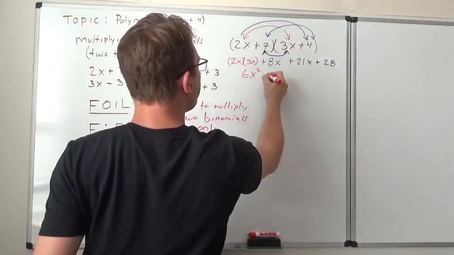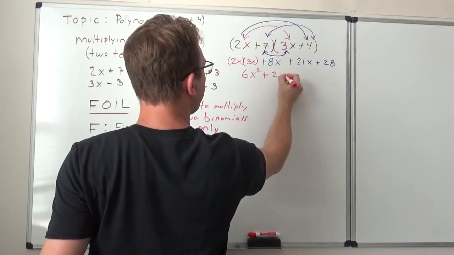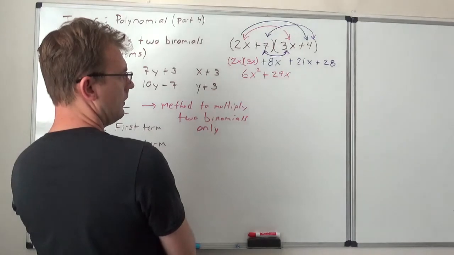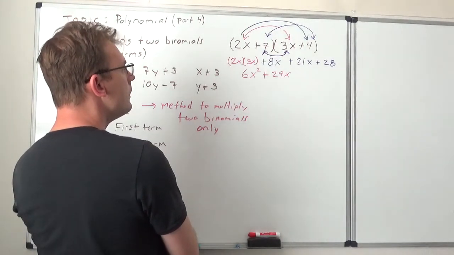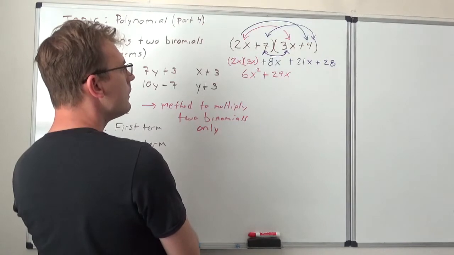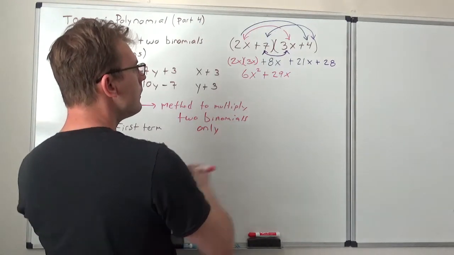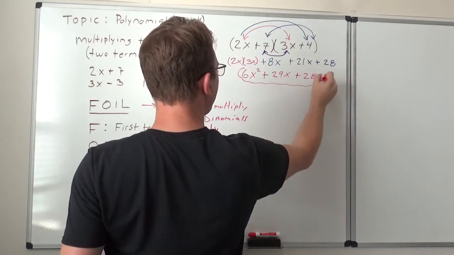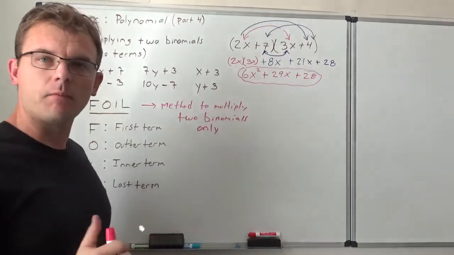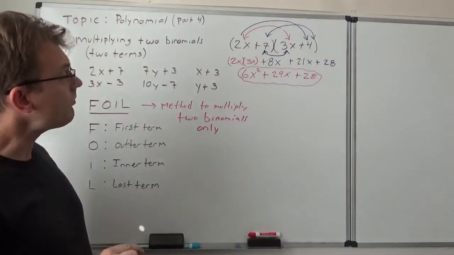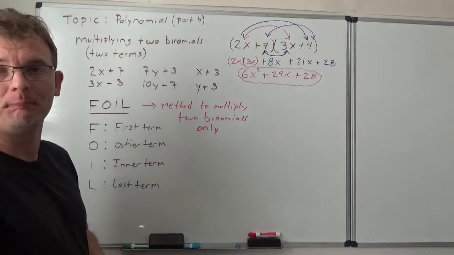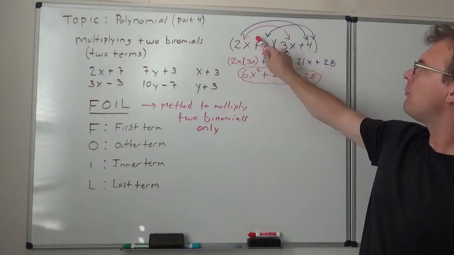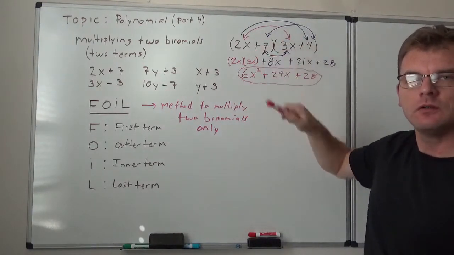Yes, so that's going to be plus 29x, and then plus 28. I just want to make sure I got my multiplication correct. That's your answer when you combine them. So this FOIL method works for multiplying two binomials.